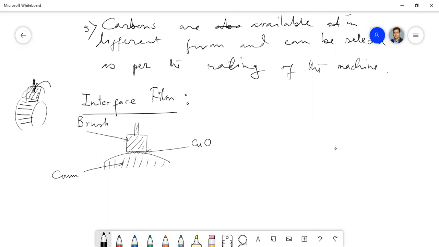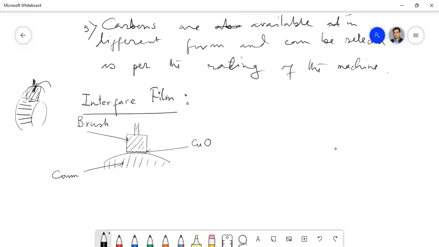Due to the friction, the temperature becomes high, and at this elevated temperature the copper reacts with the oxygen present in the air and forms a compound called cupric oxide.